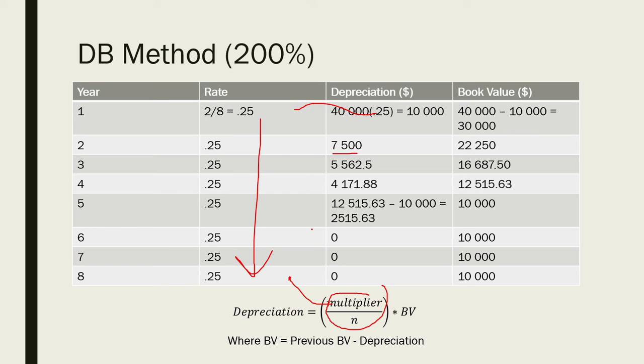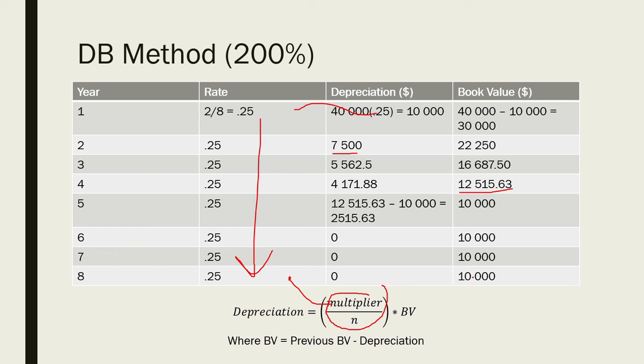So you notice if you multiply 0.25 times 12,515, you get a value of about $3,000, which you do not want, because this book value, if you subtract 3,000 from this, will go below 10,000, which we know is impossible because the book value in year 8 will be $10,000 because you are selling the truck for $10,000.